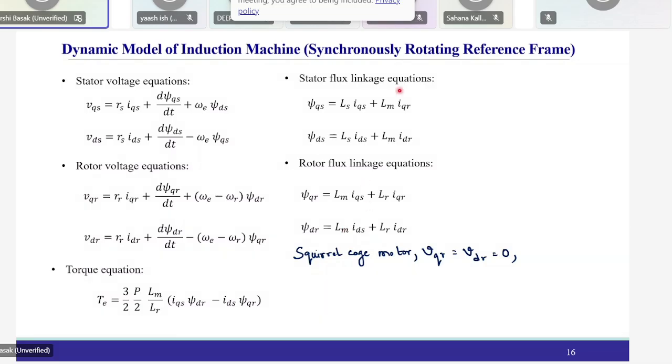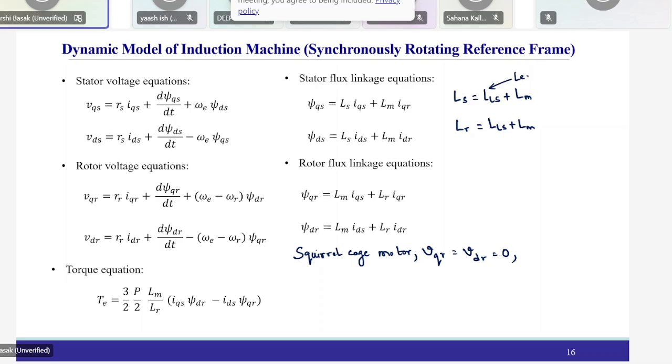Okay, and here there is one thing, there is leakage inductance also, that LS is equal to LLS plus LM, and LR equal to LLR plus LM. Okay. So this is leakage inductance.